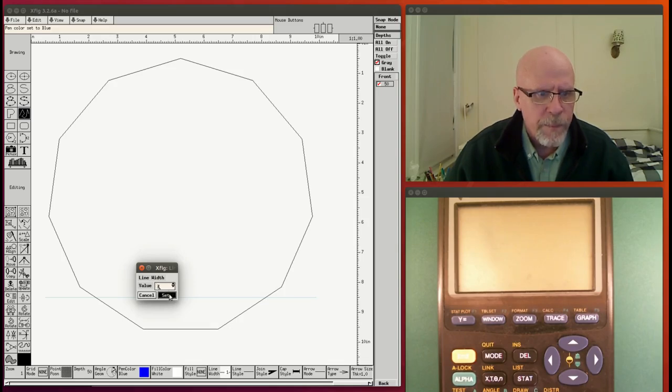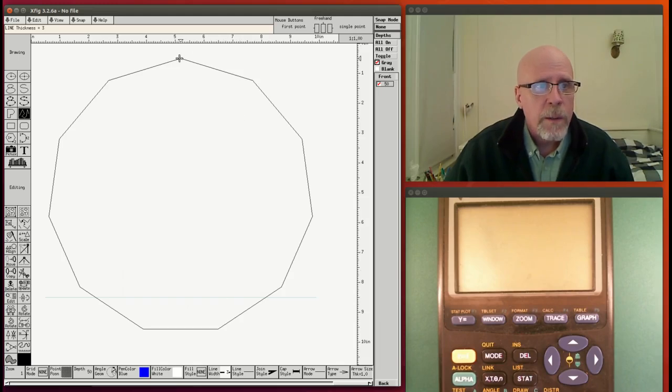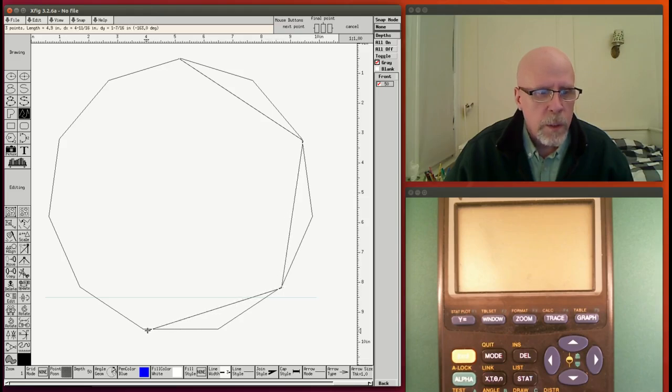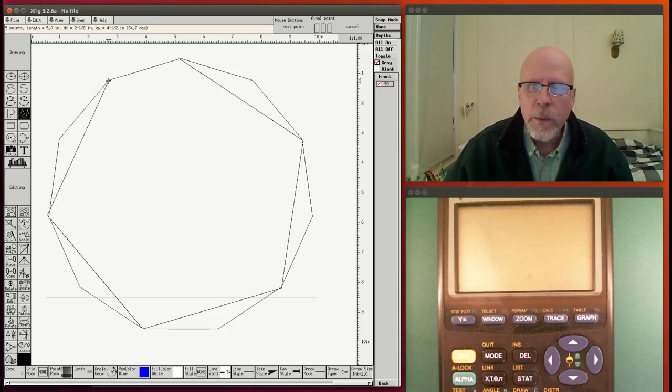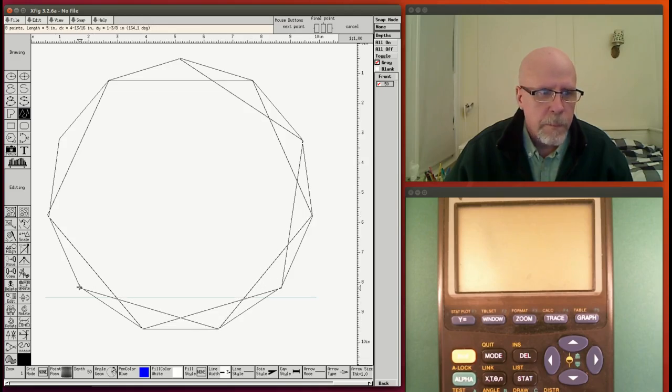So let's do that. Skip 2, skip 2. I thought I was going to come back to the beginning, but I don't. Nope, we have to go around a second time. Maybe we'll have to go around a third time.